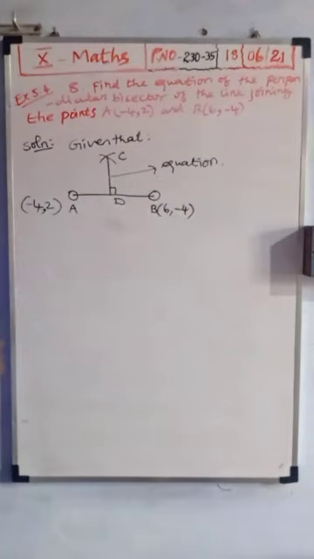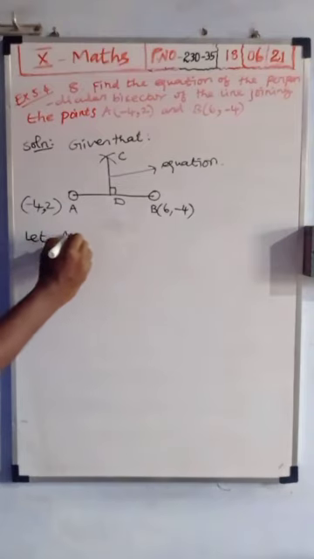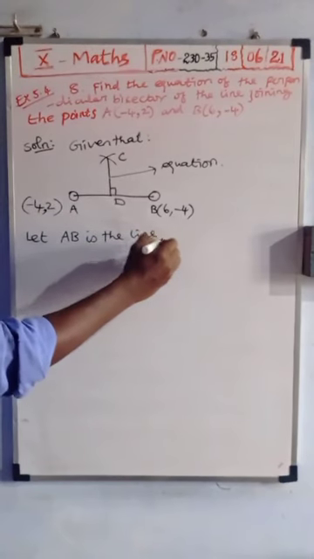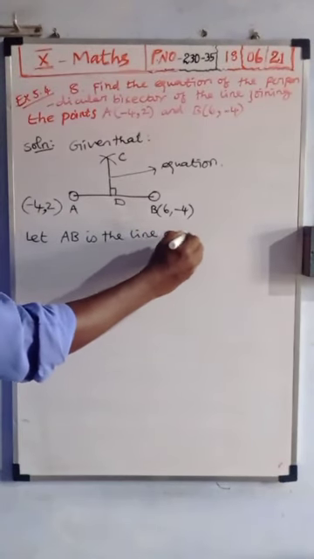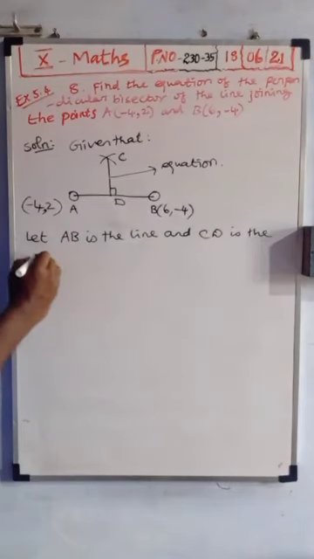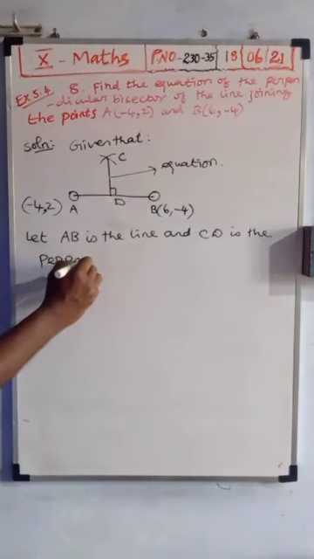Now you see here. AB is the line and CD is the perpendicular.